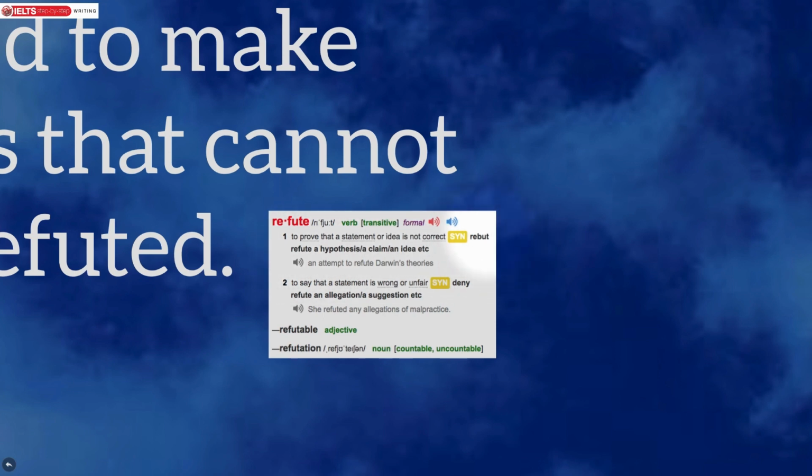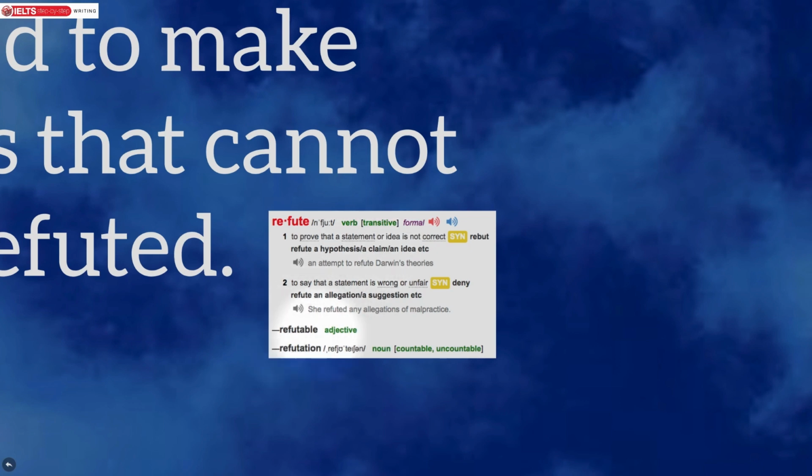And rebut is another way to say it, a synonym. Okay, so an attempt to refute Darwin's theories about evolution. Or you can say it's a statement to say that a statement is wrong or unfair. You can deny something. So refute an allegation, refute a suggestion. This is more about crime, whereas this one is more about an idea or a statement.